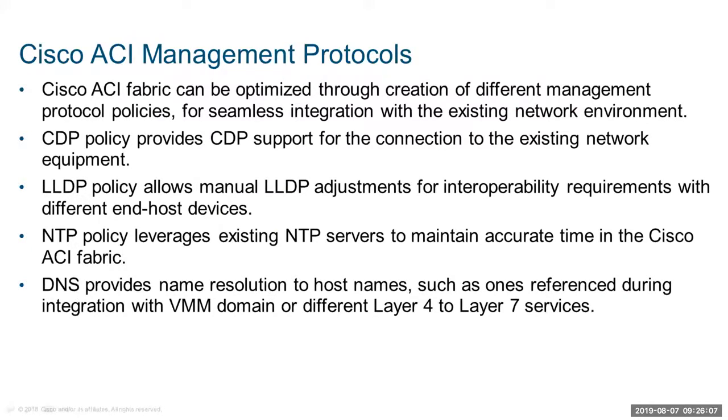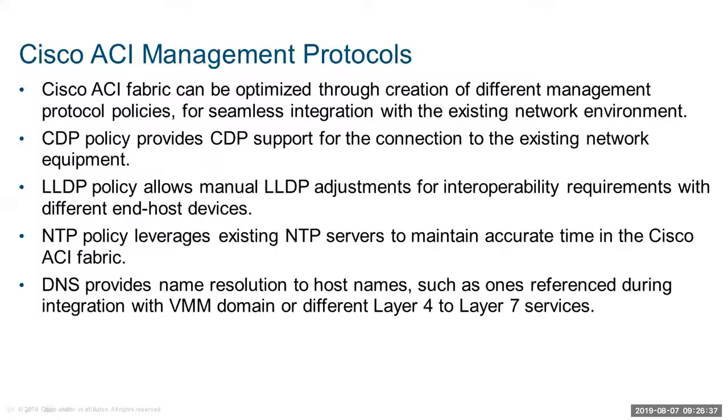Now, the other discussion is about additional management protocols. By default, CDP is disabled. If you look at the CDP policy on the access ports, CDP is disabled. There might be a time when you need to enable CDP purely because it's connecting to a Cisco device where you would want CDP to be enabled.